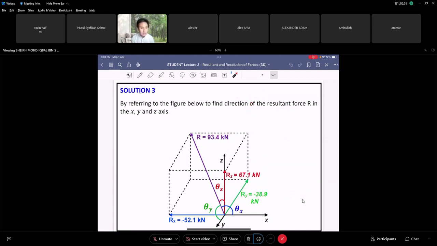All right, that's the standard one that I'm using. But I think for this question, I made it the other way around, so that's why this one is negative 38.9 kilonewton, right? But for other questions after this, you use the standard signage for the axis. Okay.